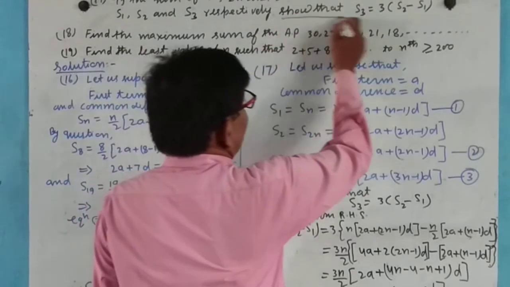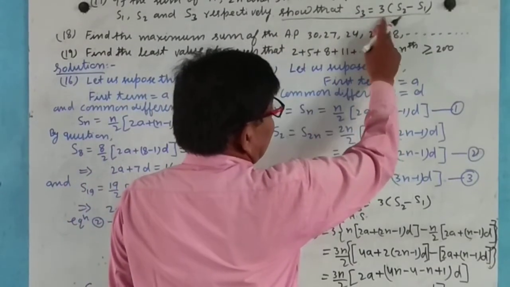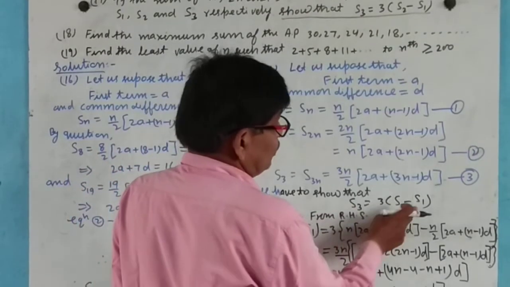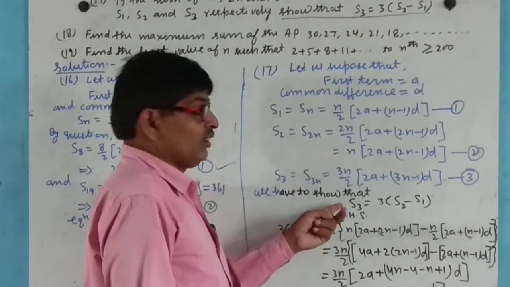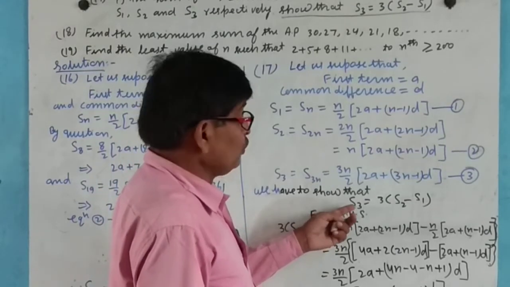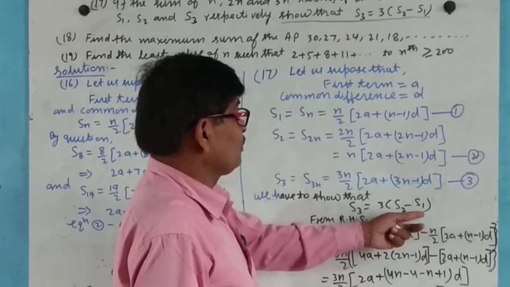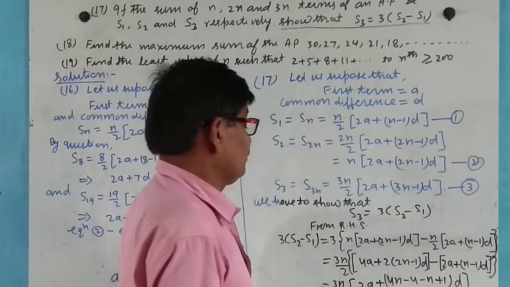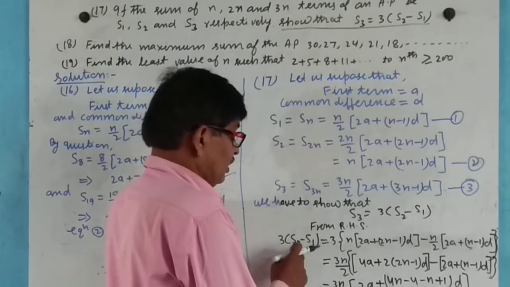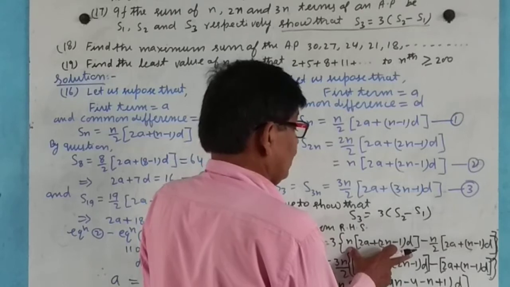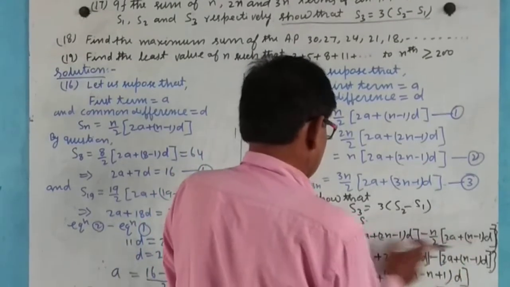We have to show that S3 is equal to 3 into (S2 minus S1). In such types of problems we choose the more complicated side, so we choose the right hand side, 3 into (S2 minus S1), putting the value of S2 here and S1 here.